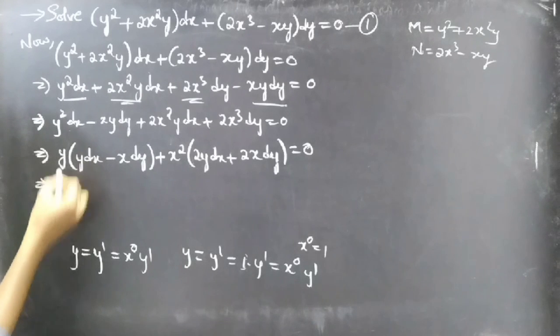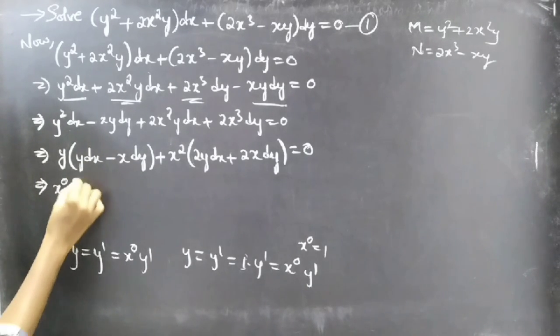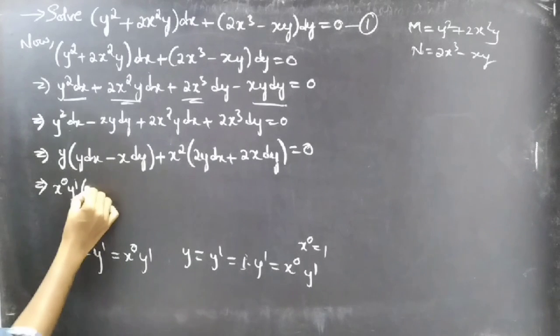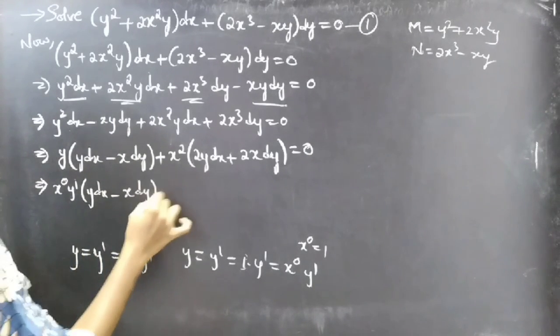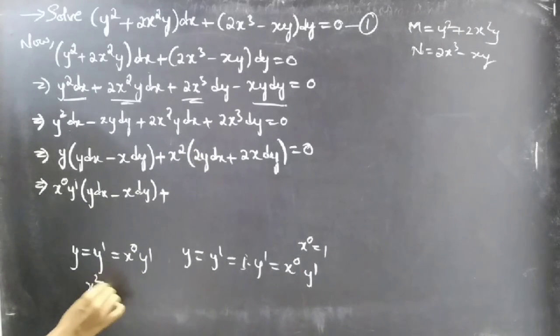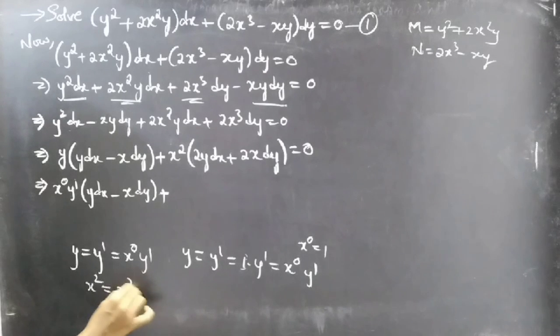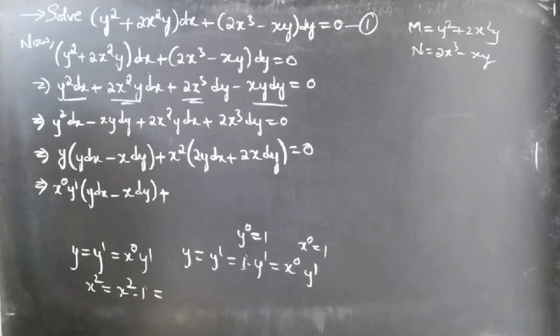So we'll write this y as x⁰y¹ for our convenience, into the terms under brackets, plus, in the second term you have x² and you don't have any y term here, so I'll write x² as x² into 1, and I'll replace this 1 with y power 0, since y power 0 is 1, right?